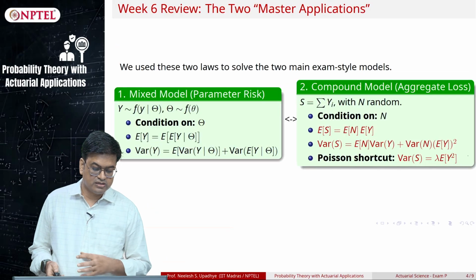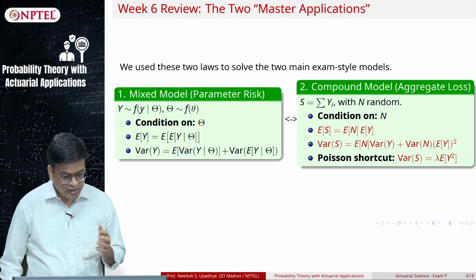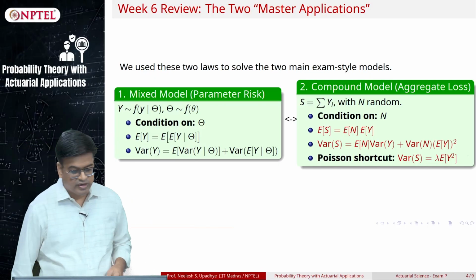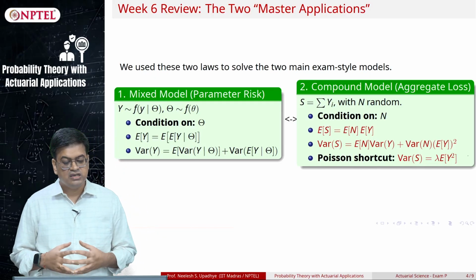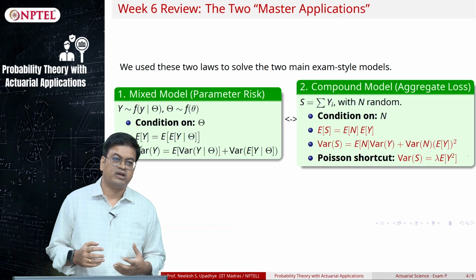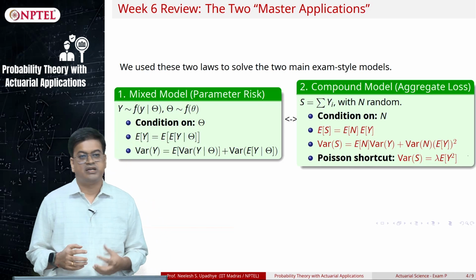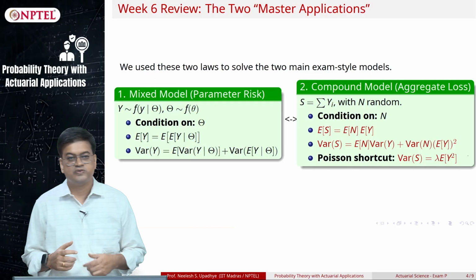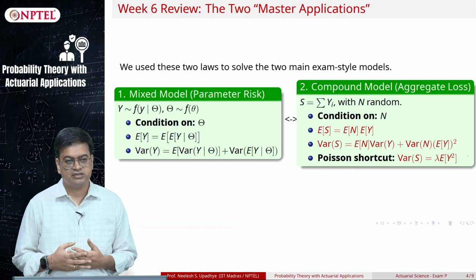We took two kinds of models, one of which is a mixed model, where we are actually considering the parameter itself as a random variable. So this mixed model takes the parameter as a risk, and therefore we are evaluating the parameter risk.